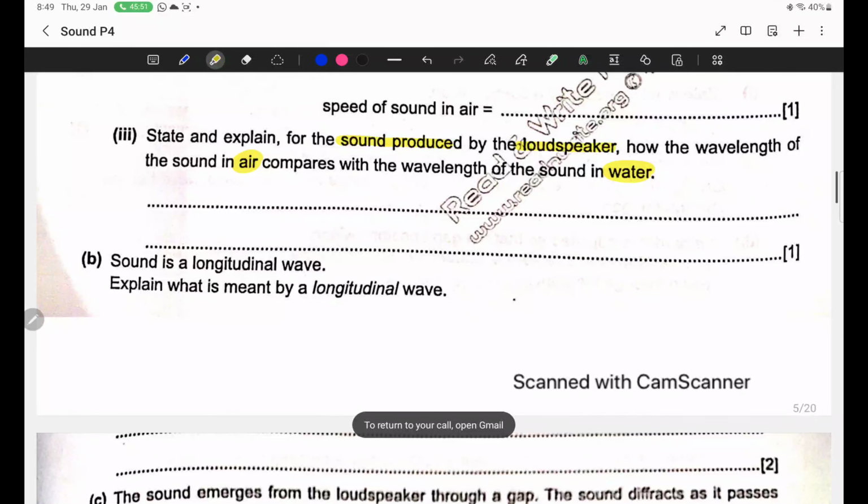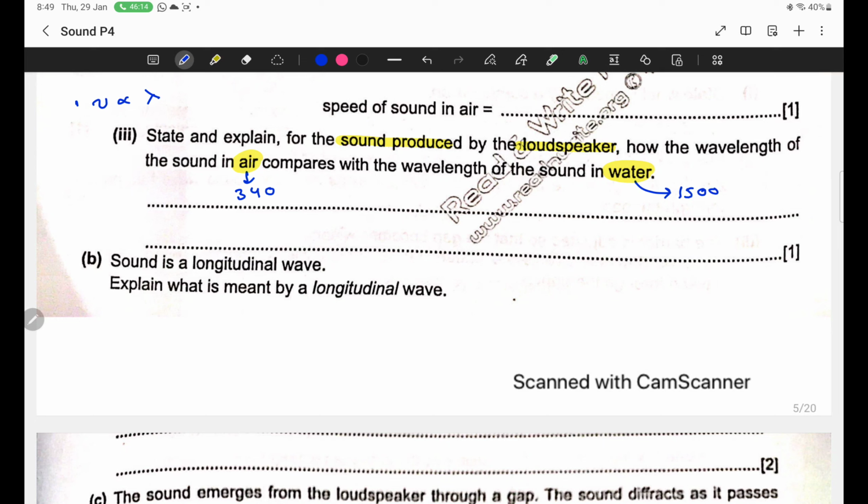compare the wavelength of sound in air and in water. In air, the speed of sound is slow. The speed of sound in water is fast. Okay. And wavelength and speed are directly proportional.